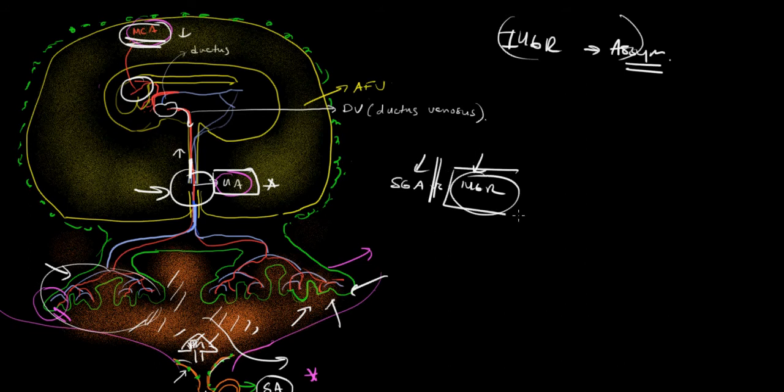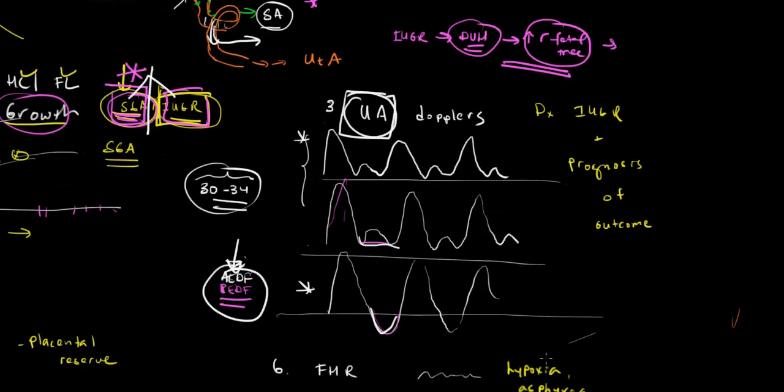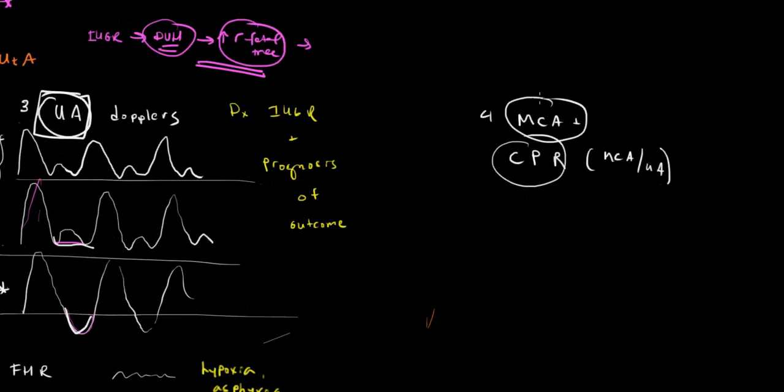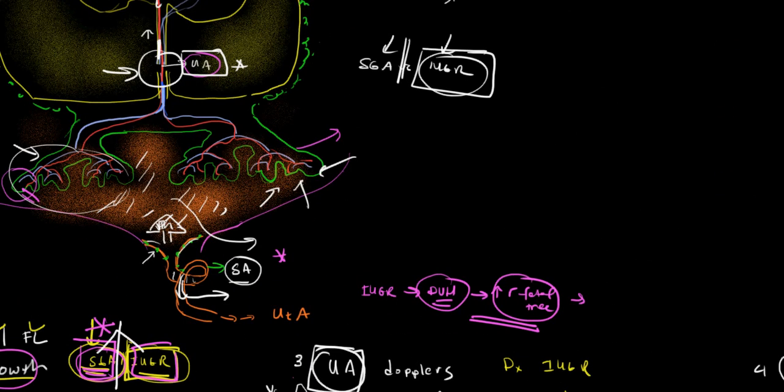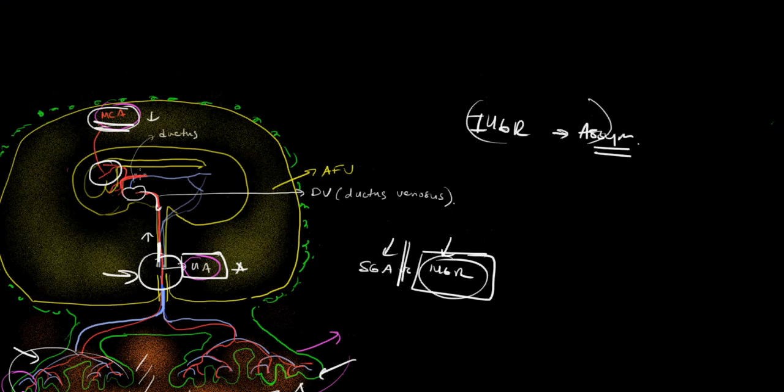And so that test is either looking at MCA Dopplers, and even MCA Dopplers over umbilical artery Dopplers, and that's called the cerebroplacental ratio. How much baby blood is going to its head versus how much of the baby's blood is going to its placenta. And if you're taking too much to the head and not enough to the placenta, that suggests high resistances in the fetal tree and asymmetric sparing of the head.